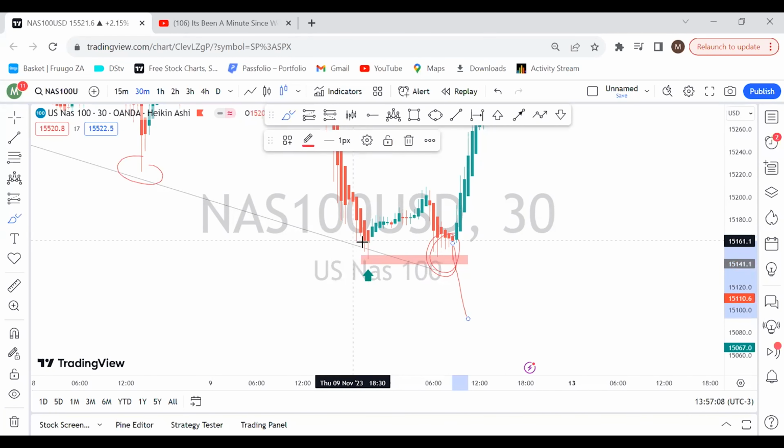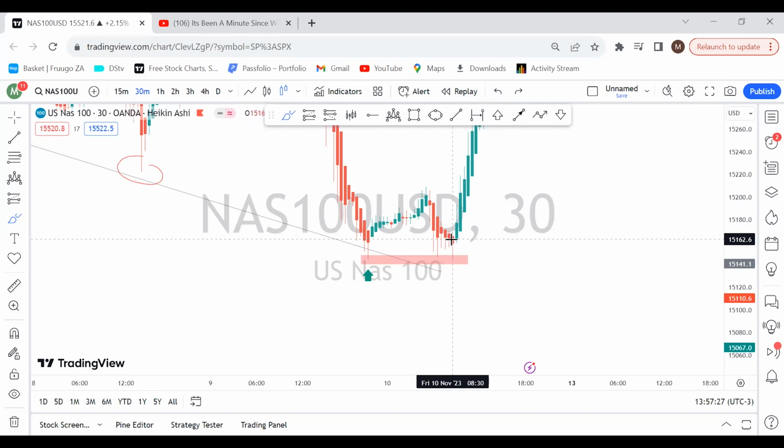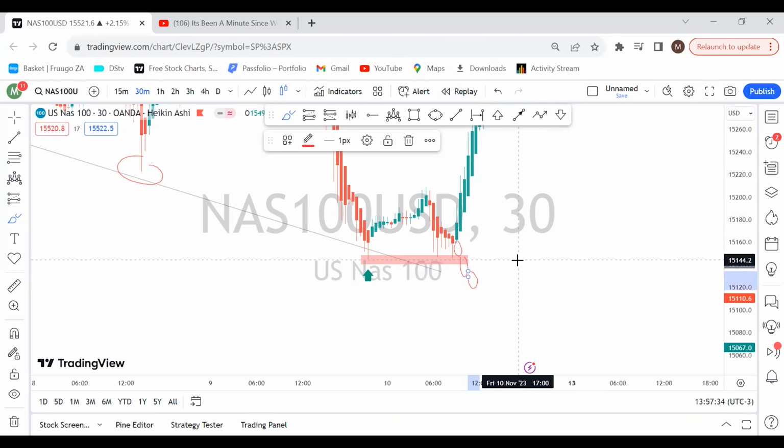So it will invalidate this entry point because now it broke it, and the price just kept giving us red candlesticks instead of a nice reversal and two bullish candlesticks. The reason why we use two bullish candlesticks is to avoid the market just giving us false entries and just forming more red candlesticks to the downside beyond our entry. So that's how you would have avoided the market just going down. You understand?